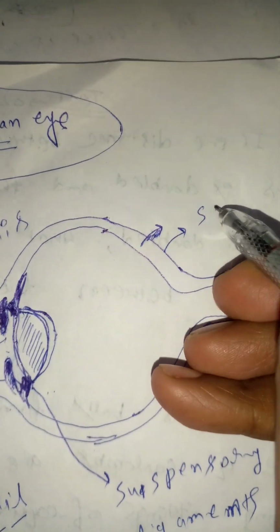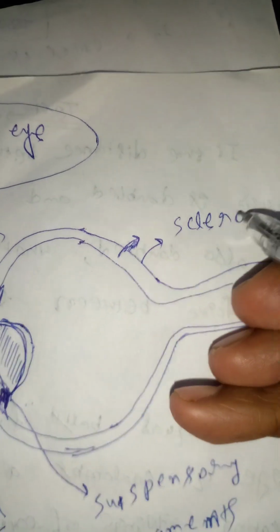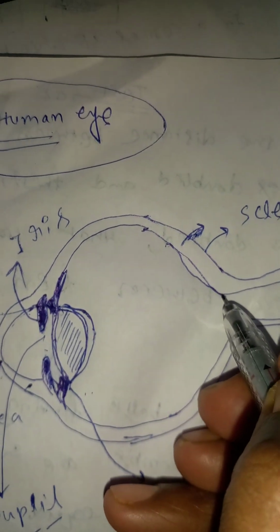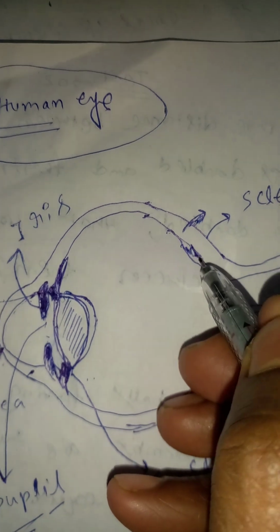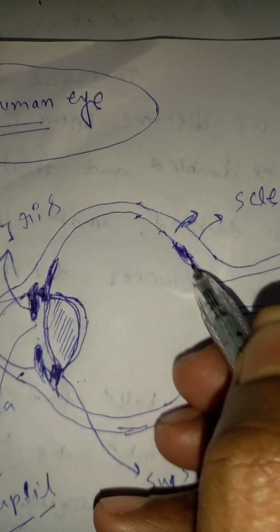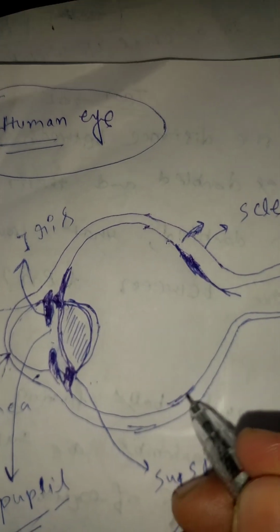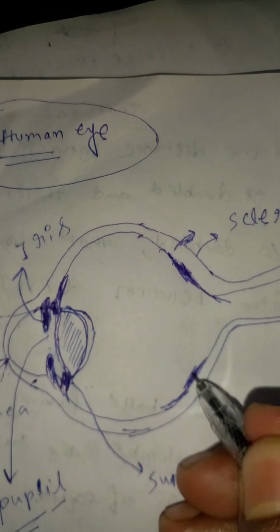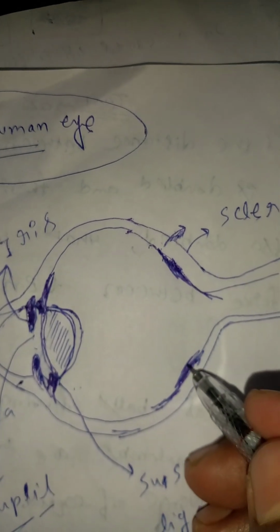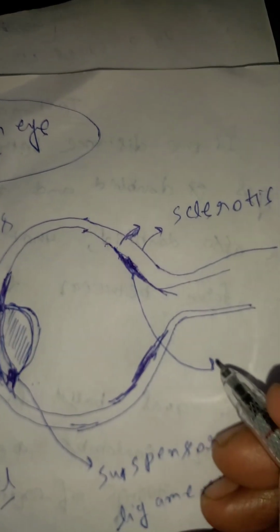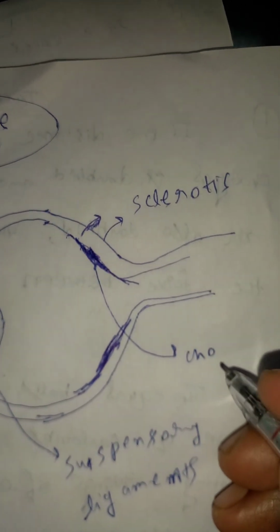Now here you can see a portion that is known to be choroid. Here one portion you can see that will be known as choroid. This blackish portion that I have drawn, it will be choroid.